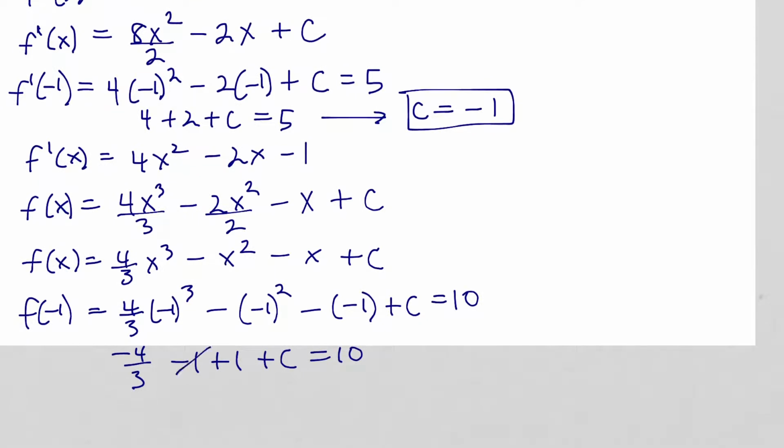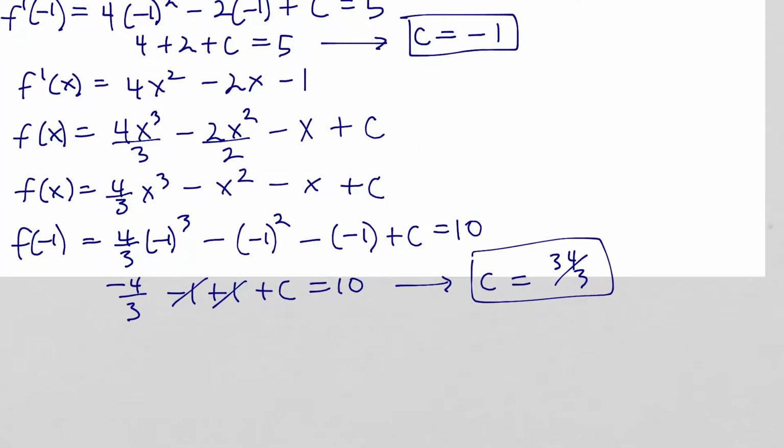These will cancel. So c is equal to 10 plus 4/3, which is 34/3. So now we know our function f of x is 4/3 x cubed minus x squared minus x plus 34/3.